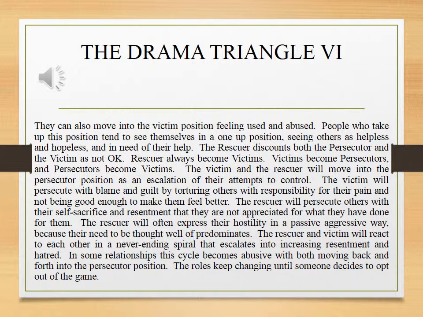The drama triangle 6. They can also move into the victim position, feeling used and abused. People who take up this position tend to see themselves in a one-up position, seeing others as helpless and hopeless and in need of their help.